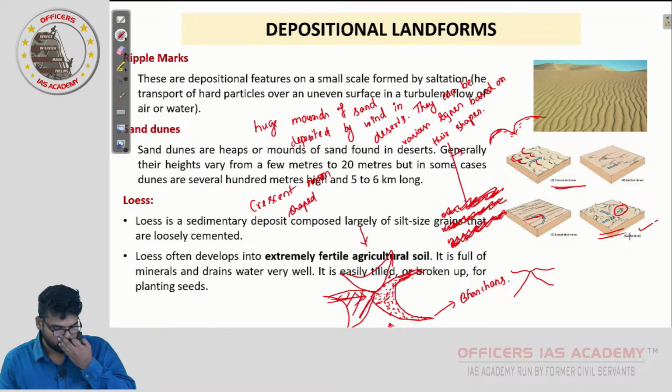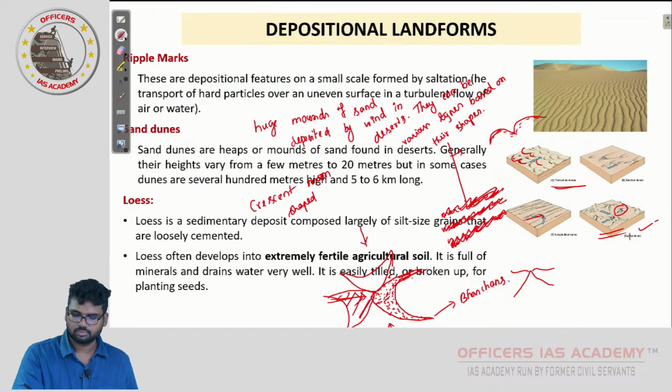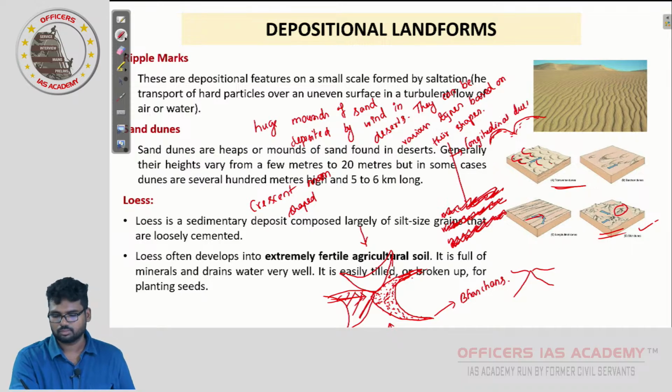Okay? So please write. First, longitudinal dunes. See, these are generally parallel to wind direction.